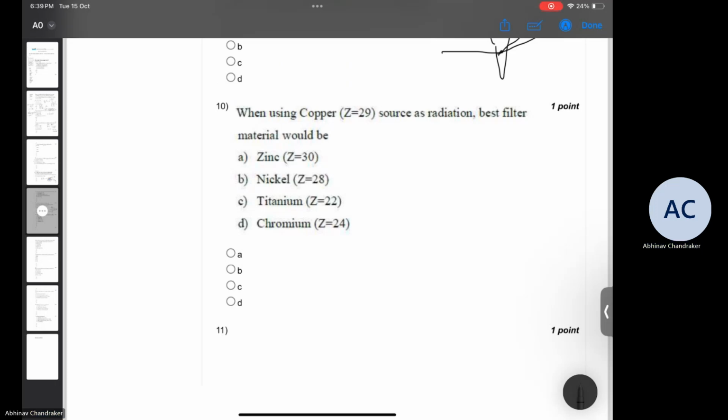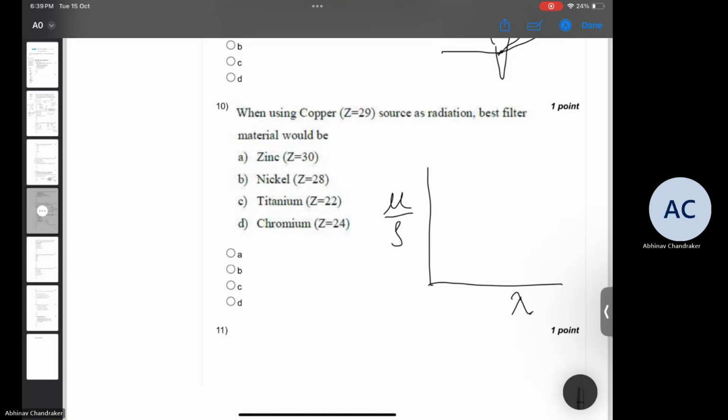So if we plot the absorption mu by rho, this is the mass absorption coefficient, versus lambda, the wavelength.